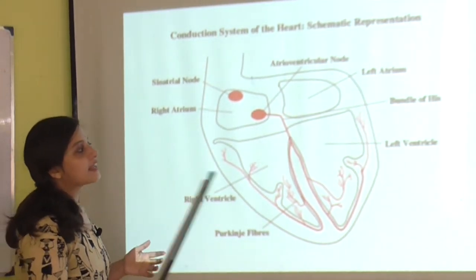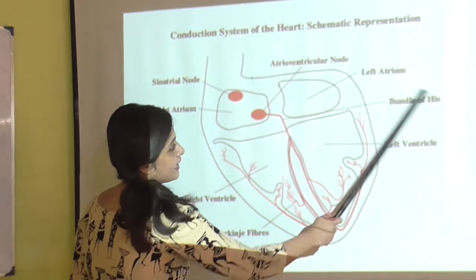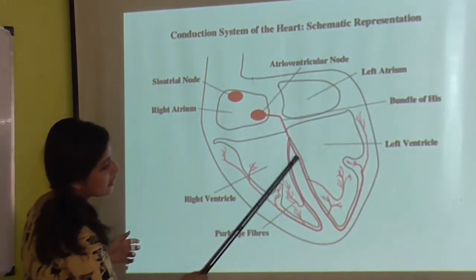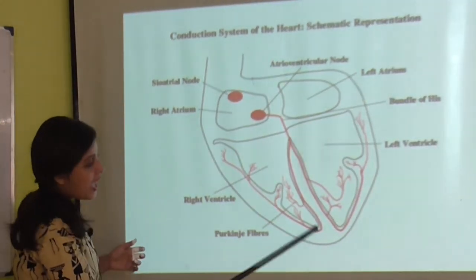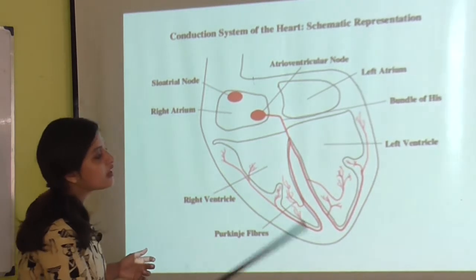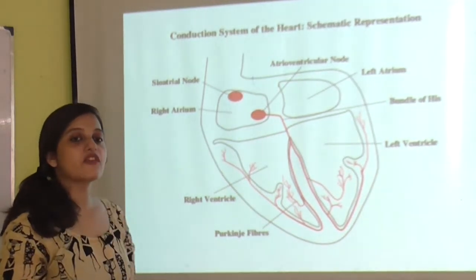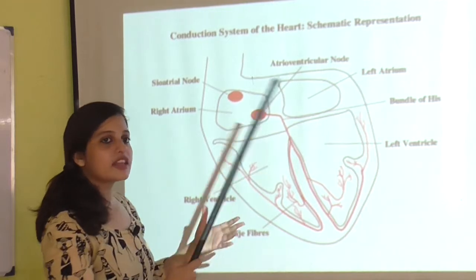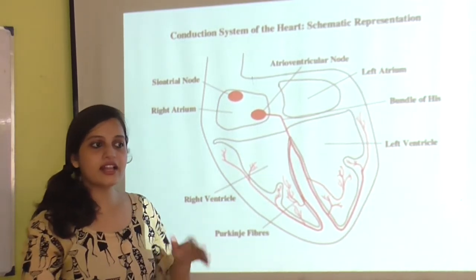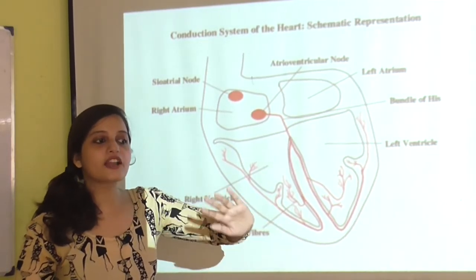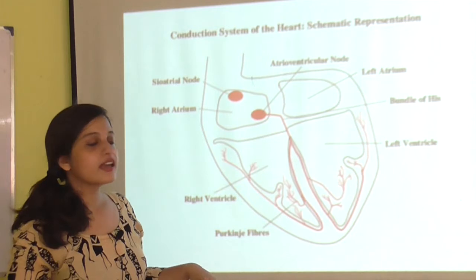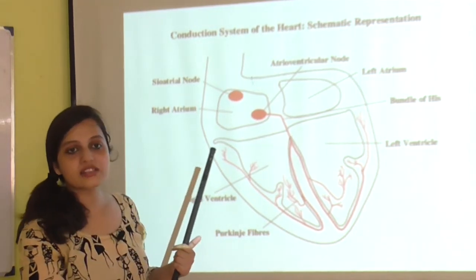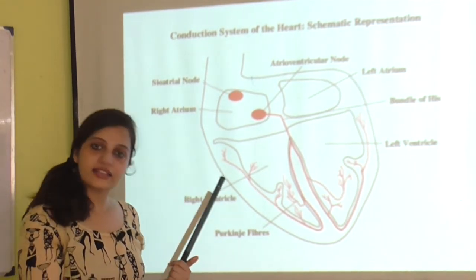Another term is the bundle of His. Can you see this? The bundle of His is present at the septum. What is the work of the bundle of His? Its work is to conduct the impulse for the heartbeat. It will regulate the heartbeat by conducting the electric impulse generated by the SA node.